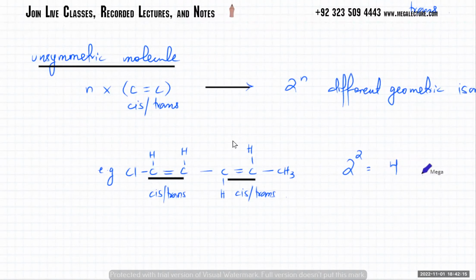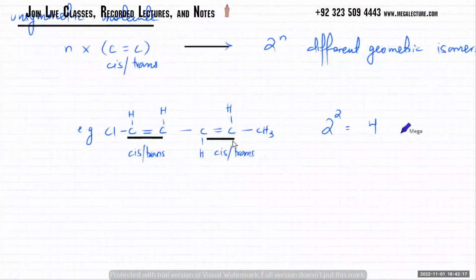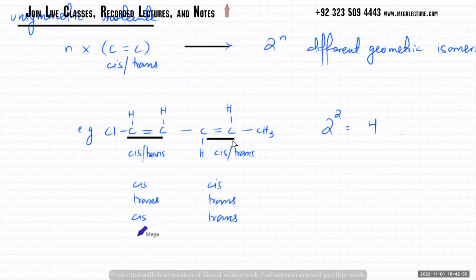So you're going to have 4 combinations: either both of them are cis, or both of them are trans, or one of them is cis and the other one is trans, or the first one is trans and the second one is cis.